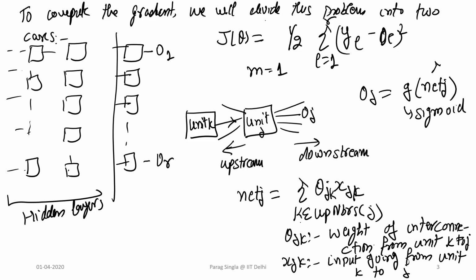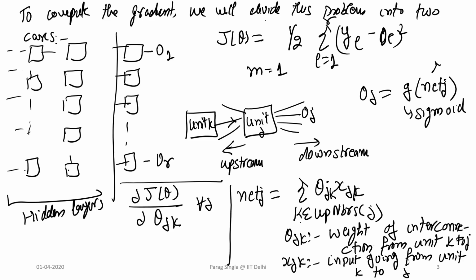Okay, let's move forward. What we are doing is defining a bunch of notation. So what we'll do now is try to compute the derivative of J(theta) with respect to theta jk for all jk, where jk are consecutive units in the network, j followed by k.